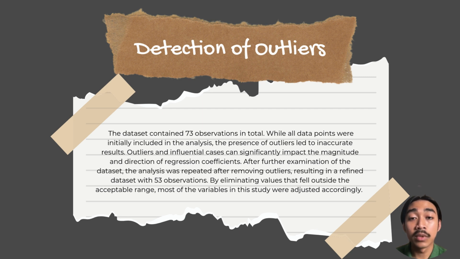After further examination of the dataset, the analysis was repeated after removing outliers, resulting in a refined dataset with 53 observations. By eliminating values that fell outside the acceptable range, most of the variables in the study were adjusted accordingly.